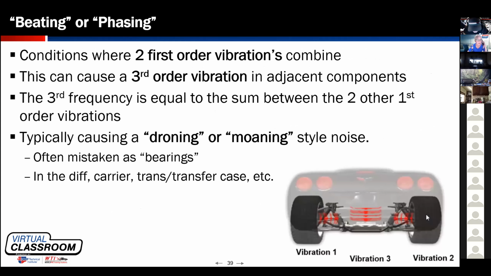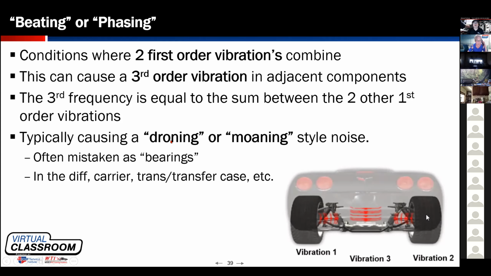I tried to explain to you earlier when I showed you that Lexus. I said that Lexus had a tire 1 vibration and the tires were off the ground. We were sitting on jack stands, all right? I used the term beating or phasing as my description for that.